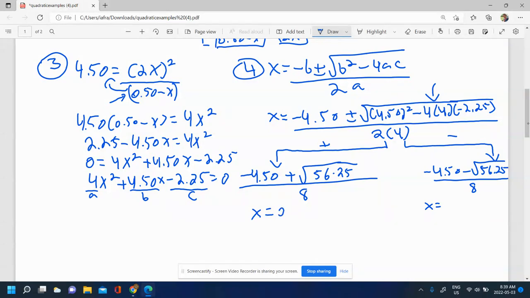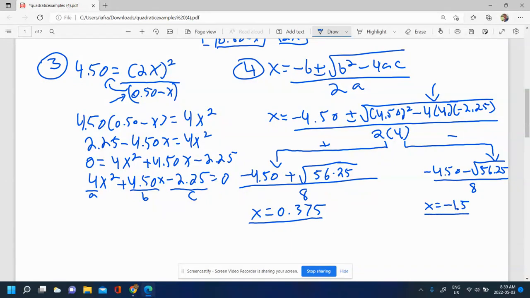I get 0.375 over here. And then for the other option, the square root of 56.25 times negative 1 plus negative 4.5 divided by 8, I get negative 1.5.